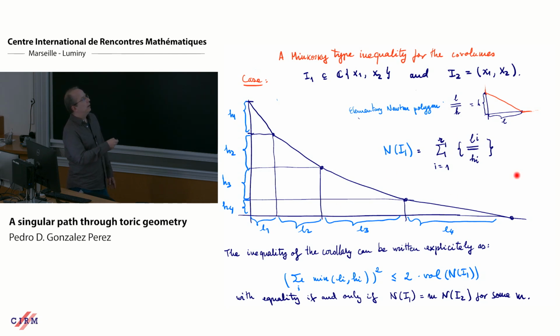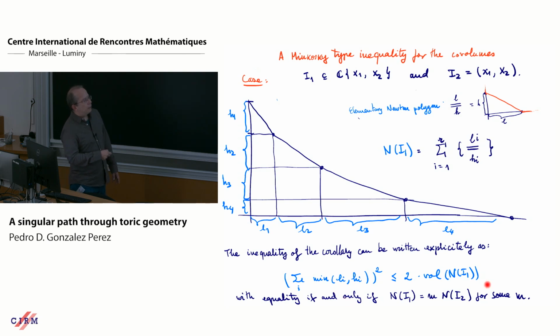And if the monomial ideal I1 has this representation, then the inequality in the corollary can be written explicitly in terms of this formula, in terms of the heights and the lengths of the elementary Newton polygons.